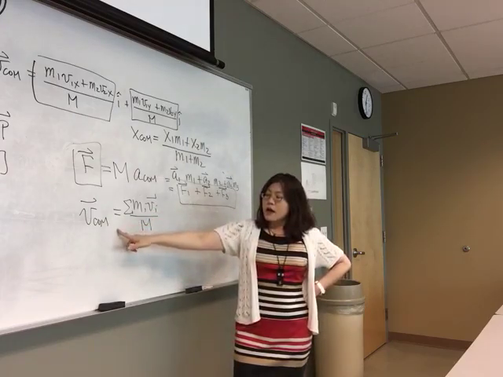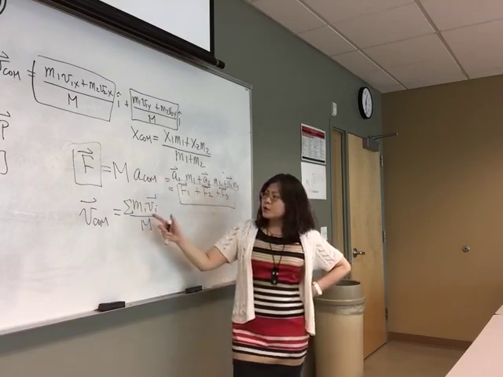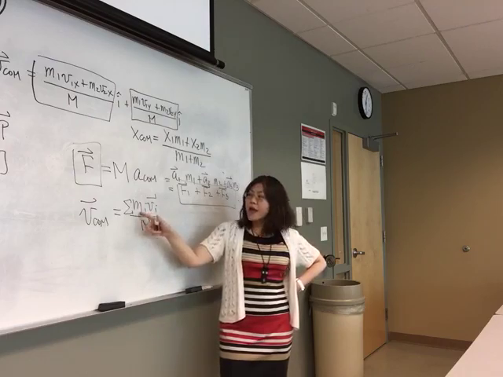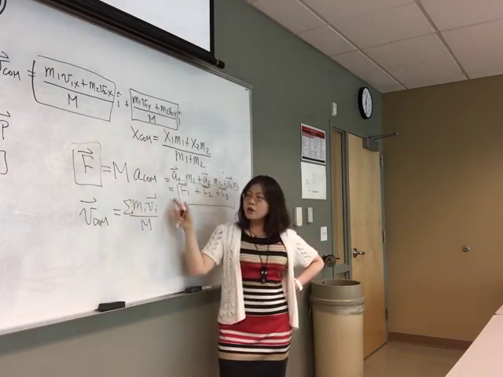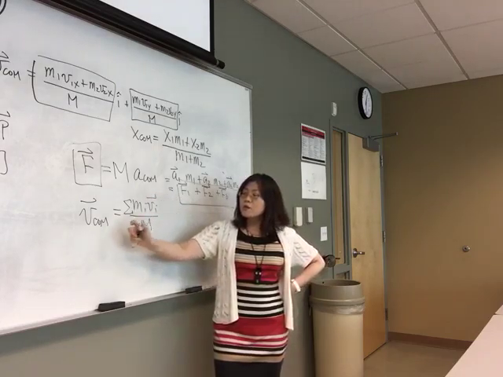So the velocity of the center of mass is equal to each individual velocity weighted by its own mass: the summation of m_i v_i, divided by the total mass of the system.